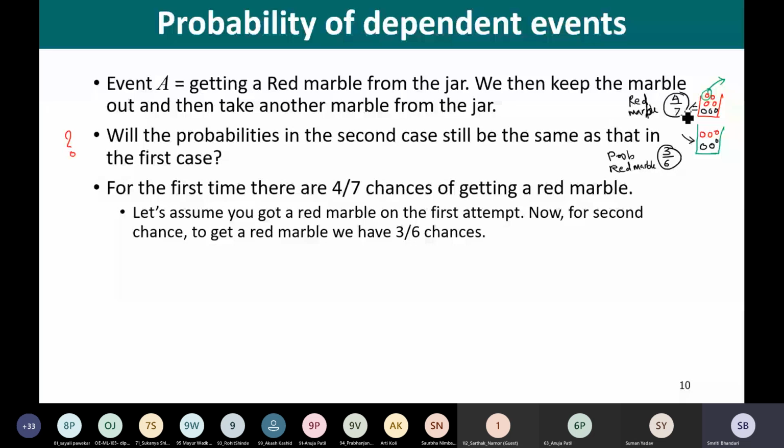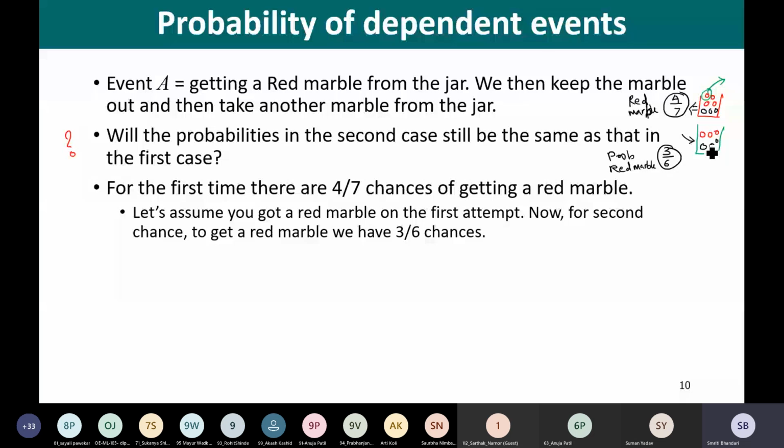In the first attempt, the probability of getting a red marble is 4 by 7, and if we assume we got the red marble in the first attempt, then the probability of getting a red marble in the second chance is obviously 3 by 6.